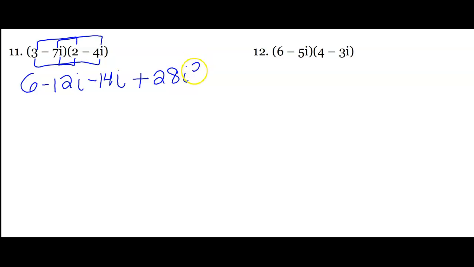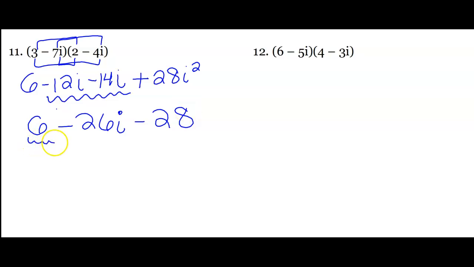We never leave an answer with a power on i, because i squared is negative 1. So this isn't plus 28, it's really negative 28. i and i are like terms, so you combine them. What's negative 12 and negative 14? Negative 26.